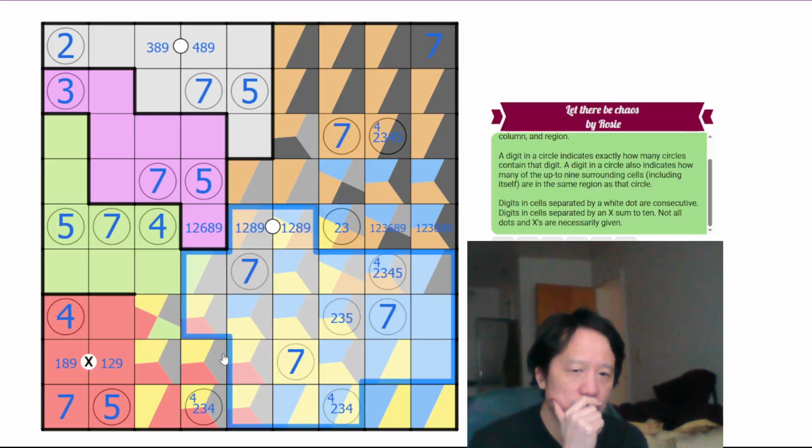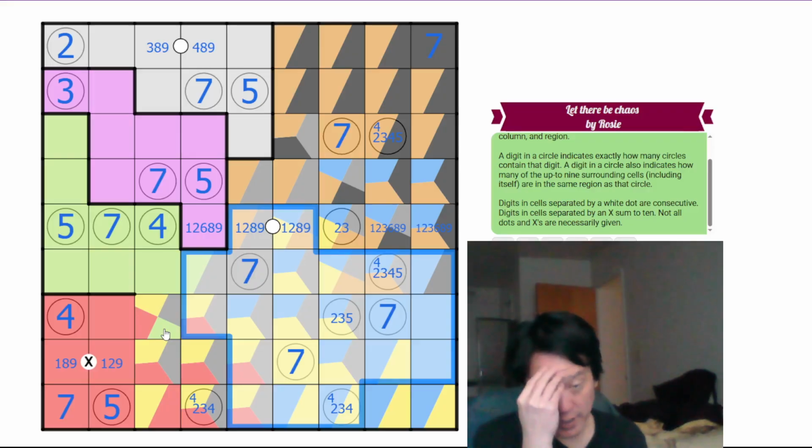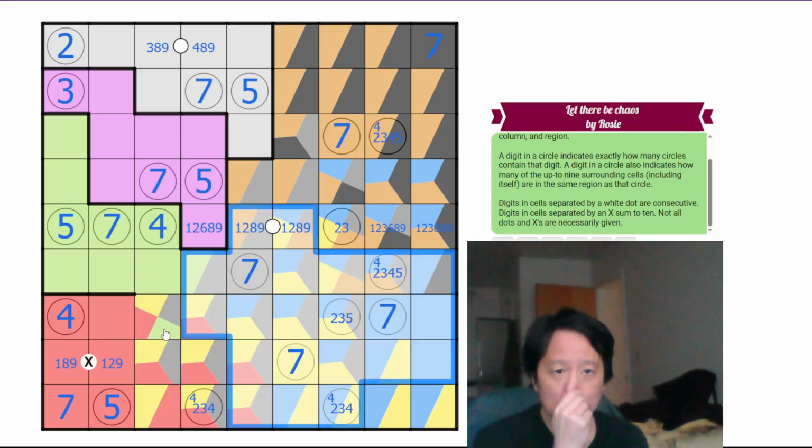One of these has to be green here. So there's that. And then at least one has to be part of the sevens, of the medium, yellow and green regions.